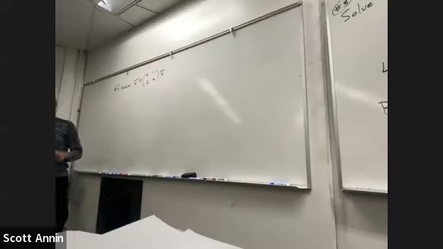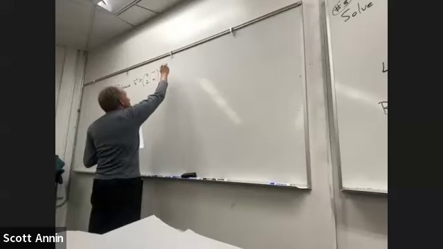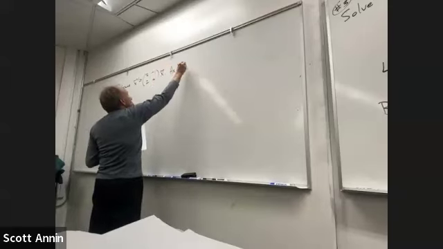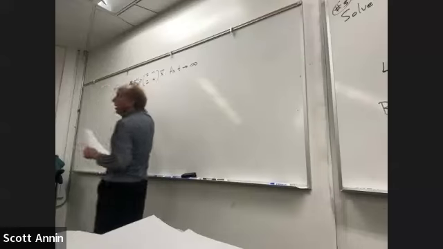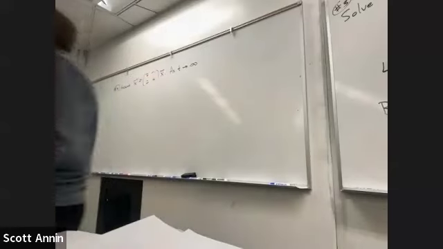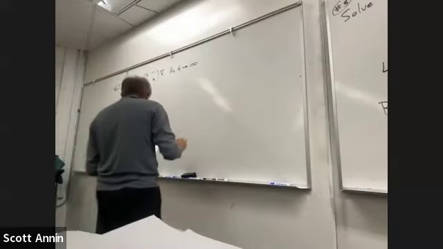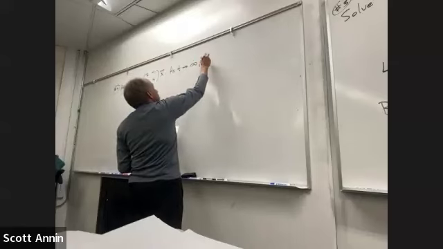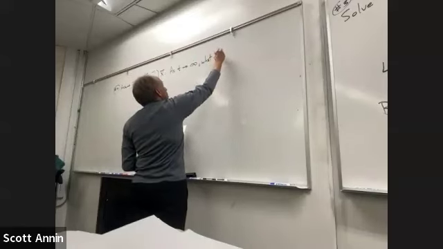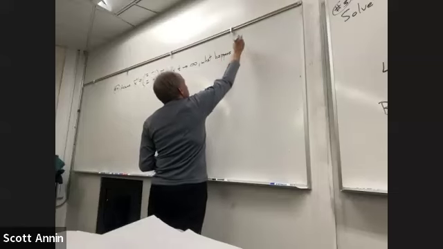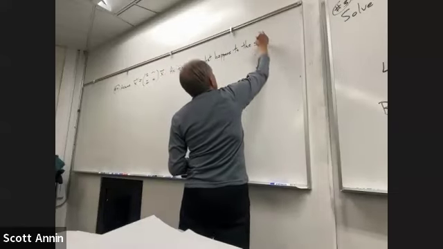And I would like to ask you, as t goes to infinity, t is the independent variable of this linear system of differential equations, what happens to the solution curves?